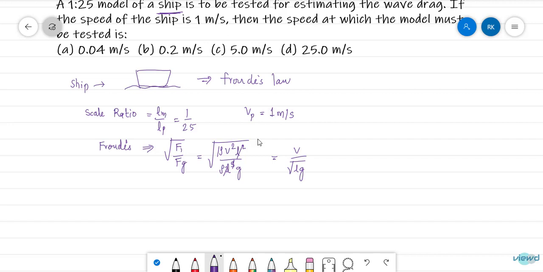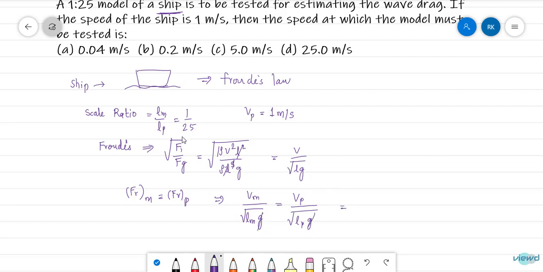This is the Froude's number. So what is Froude's model law? Froude number of model is equal to Froude number of prototype. That is Vm by under root Lm G equals Vp by under root Lp G. Acceleration due to gravity is the same, so G gets cancelled.